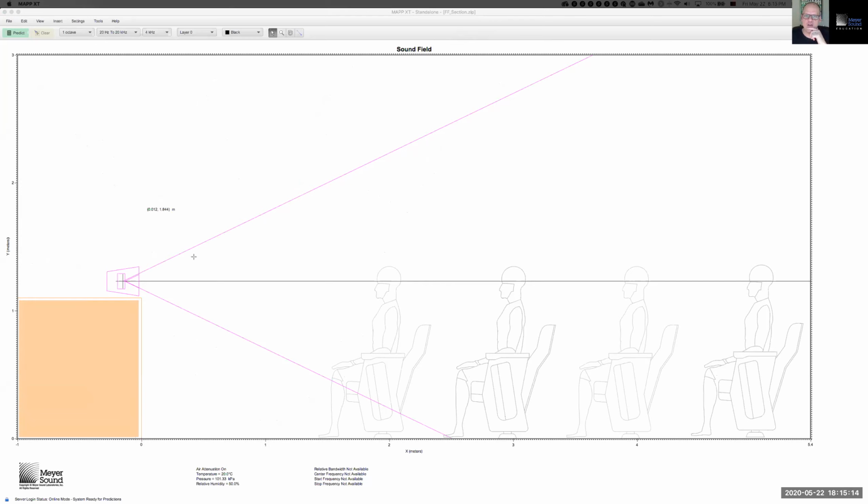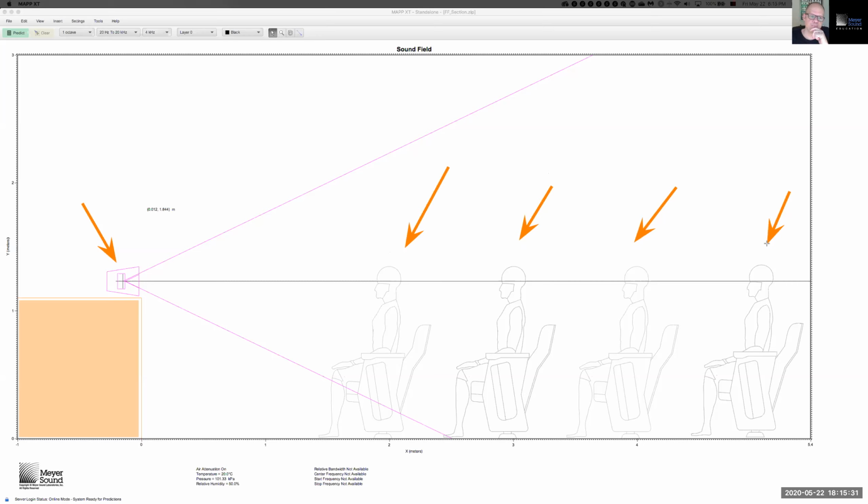On top of it, we have a single front fill loudspeaker living on top of the stage, over here in a pinkish magenta color. And then we see the first row, the second row, the third row, and the fourth row of our audience.